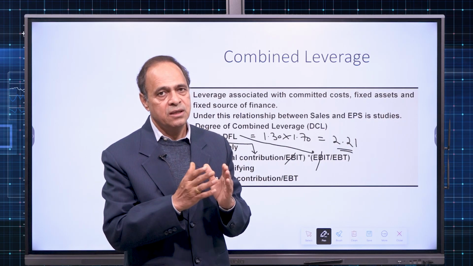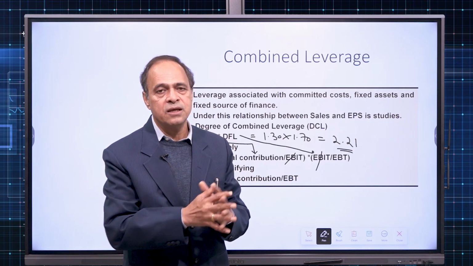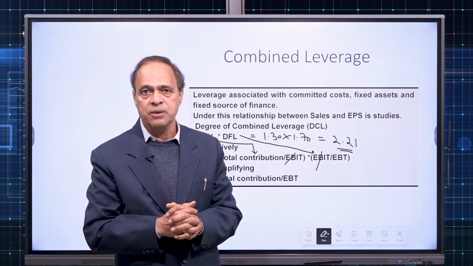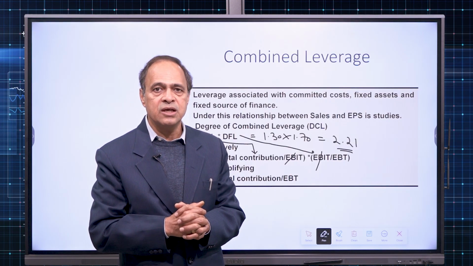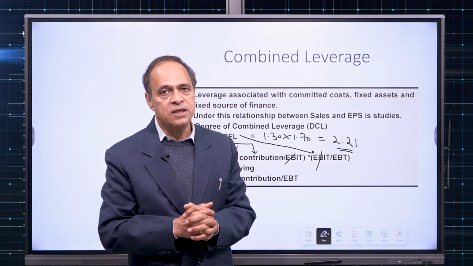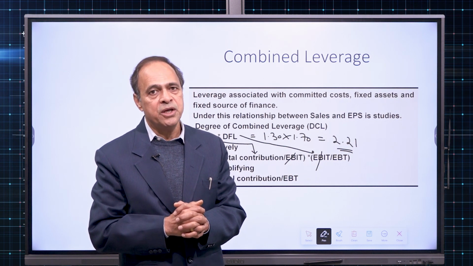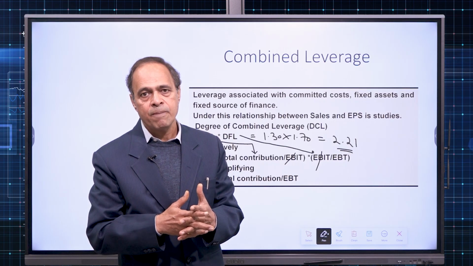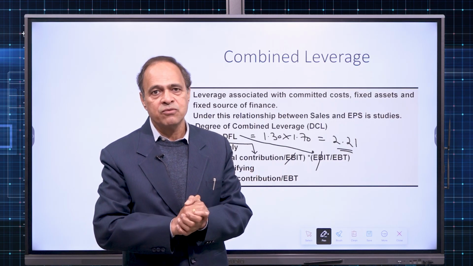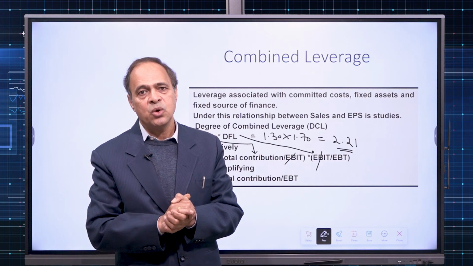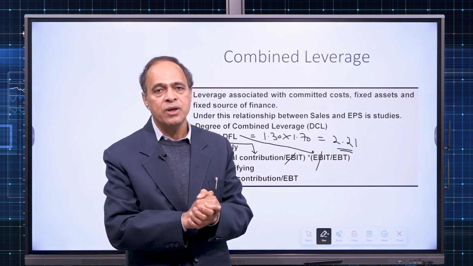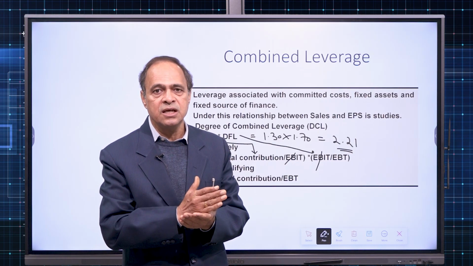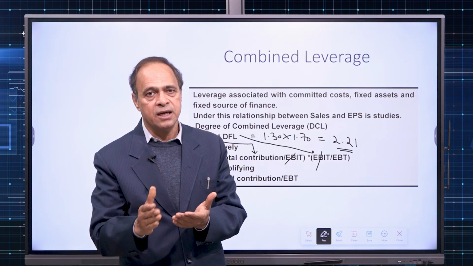Operating leverage helps me understand the relationship between sales and operating profit, whereas financial leverage helps me study the relationship between operating profit and EPS, or ROE we can say, return on equity, and combined impact of that helps me in analyzing impact of changes in sales on the EPS directly.